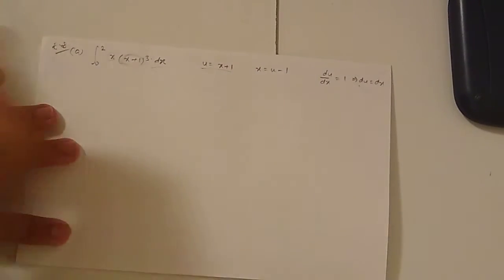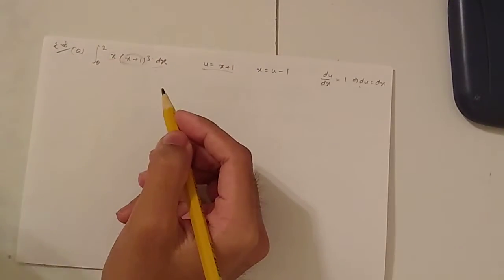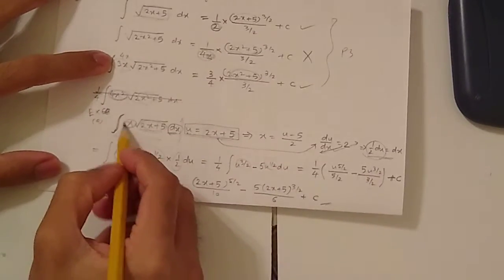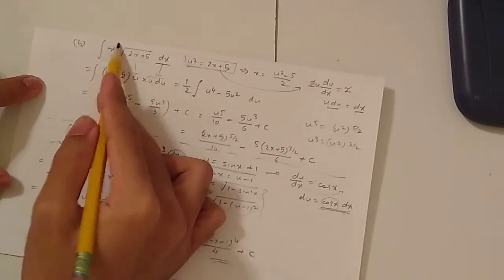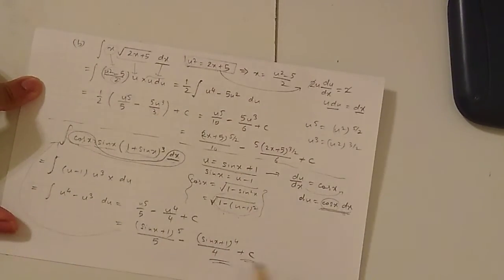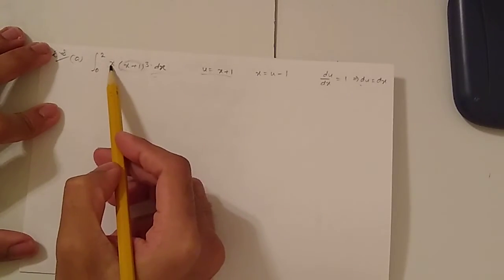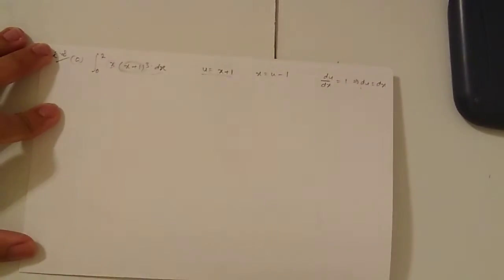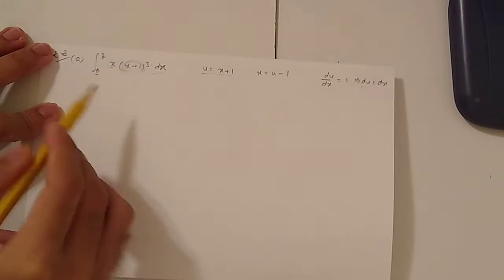Now one thing more though. In the previous three examples we were doing indefinite integration. We did not have any limits, and thus we had plus c. In this case we are having definite integration because we do have limits, and the limits also need to get changed. If x is getting substituted with u and dx with du, the limits also need to change, because these limits are going to work only for x.